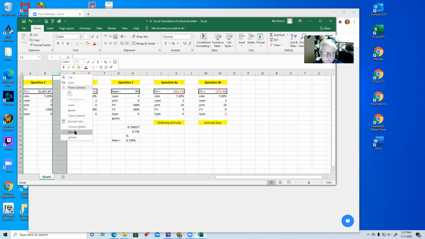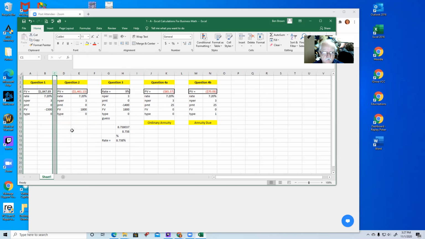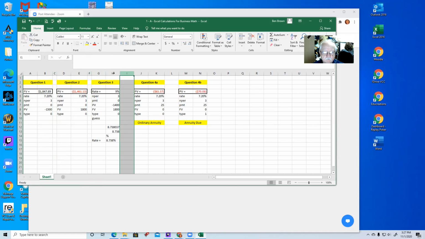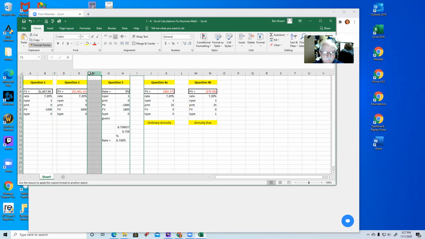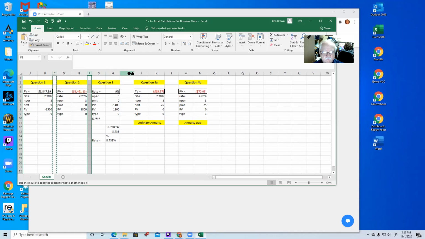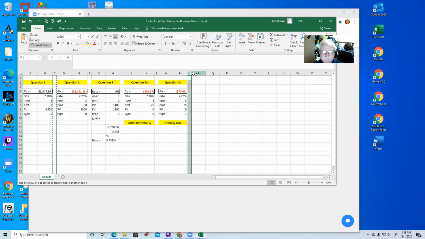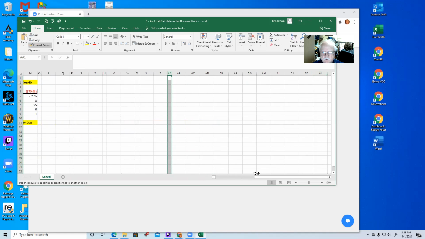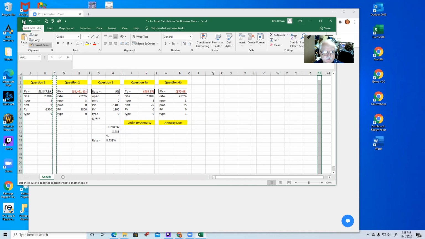Let's shrink this up a bit because we're running out of space. And let's remember to save that because we don't want to have to reinvent the wheel every time.